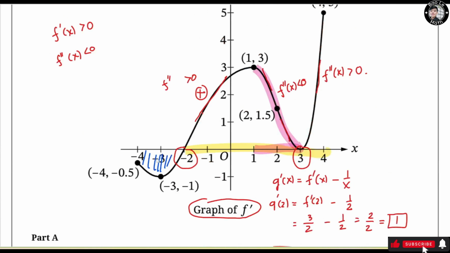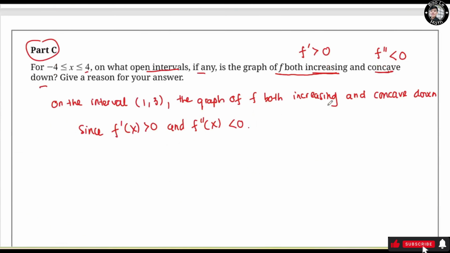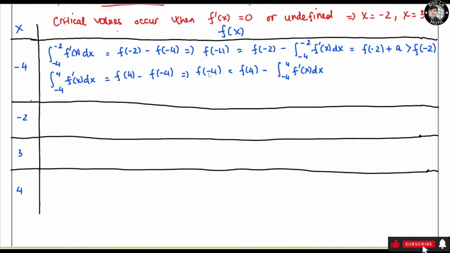Which is the net change of this area, add this one, and add this one. You see that the area above the x-axis is always bigger than the area below the axis, so this is always positive. So f of -4 equals f of 4 subtract a positive number, which is always less than f of 4.